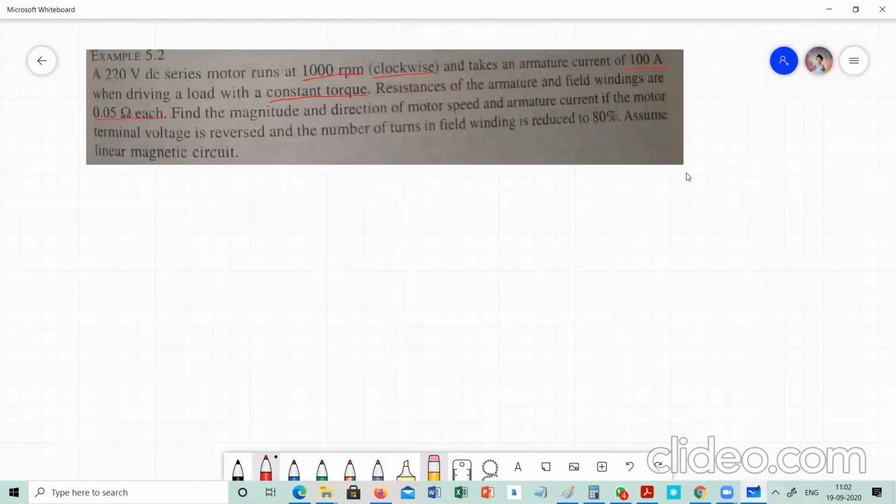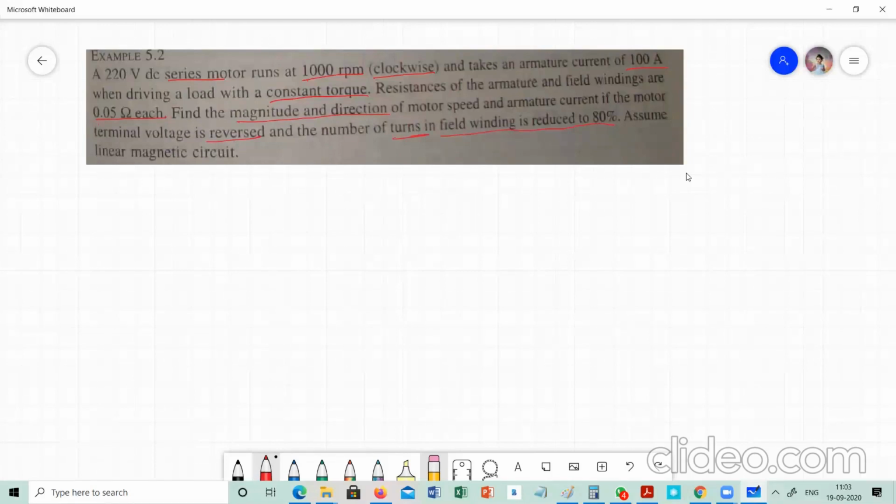The motor is a series motor. Find the magnitude and direction of motor speed and the armature current if the motor terminal voltage is reversed, and the number of turns in field winding is reduced to 80%.